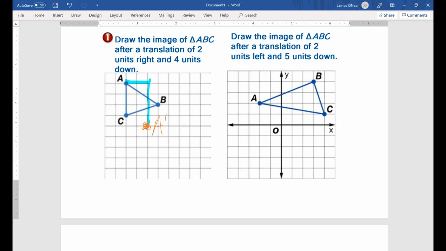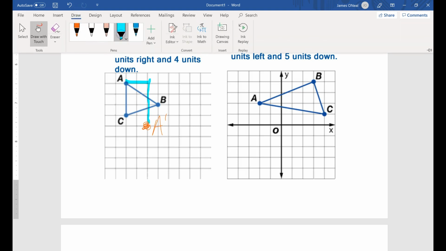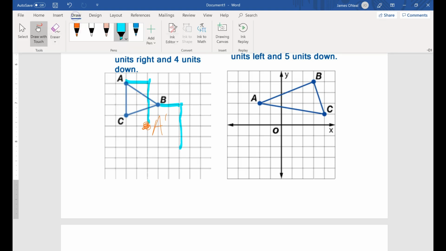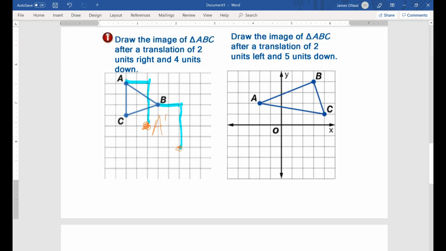I'm going to take B. I am going 2 to the right and 4 down: 1, 2, 3, 4. That new point is going to be B prime, because I moved it. Anytime we move something, it becomes a prime. We are transforming. How are we transforming? Through a translation.